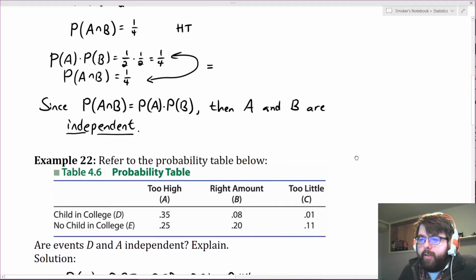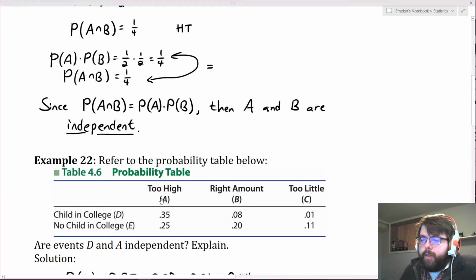Hopefully that makes sense. Okay, here's a probability table that we probably looked at before in a previous example, of people surveyed about whether or not they think college is too expensive, and whether or not they had children in college.